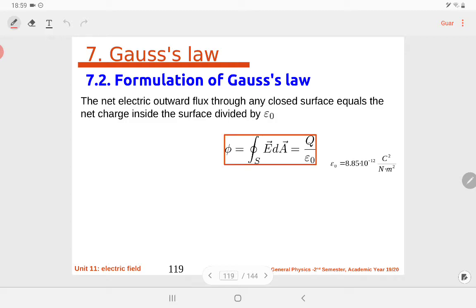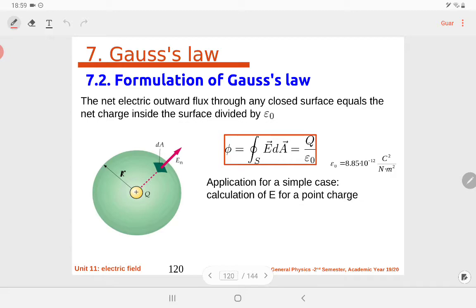In the notation we were following, this means that the total electric flux, which we can calculate as the integral over the closed surface S of the electric field dot differential of area, is equal to the total charge inside that surface divided by epsilon sub 0, where epsilon sub 0 is the electric constant that we've already seen several times.